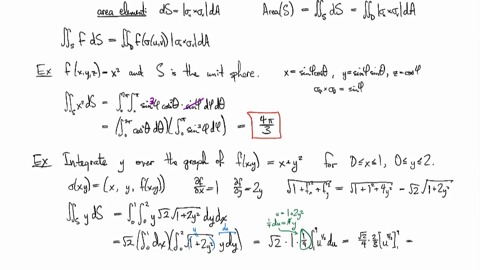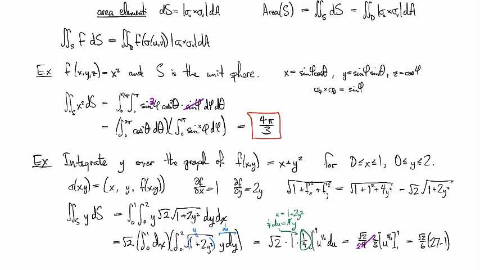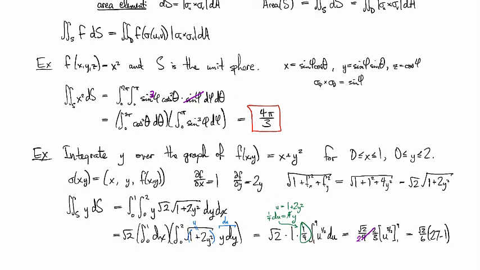Something cancels and leaves a 2, so we've got root 2 over 6 times 27 minus 1. That's 26, which has a factor of 2 in it, so we can simplify. So we get root 2 over 3 times 13. 13 root 2 over 3, yeah, there we go.